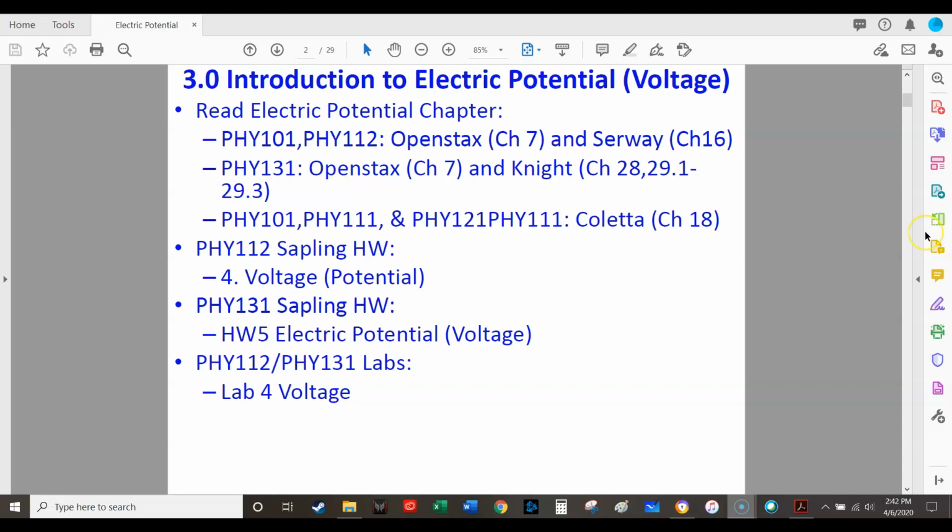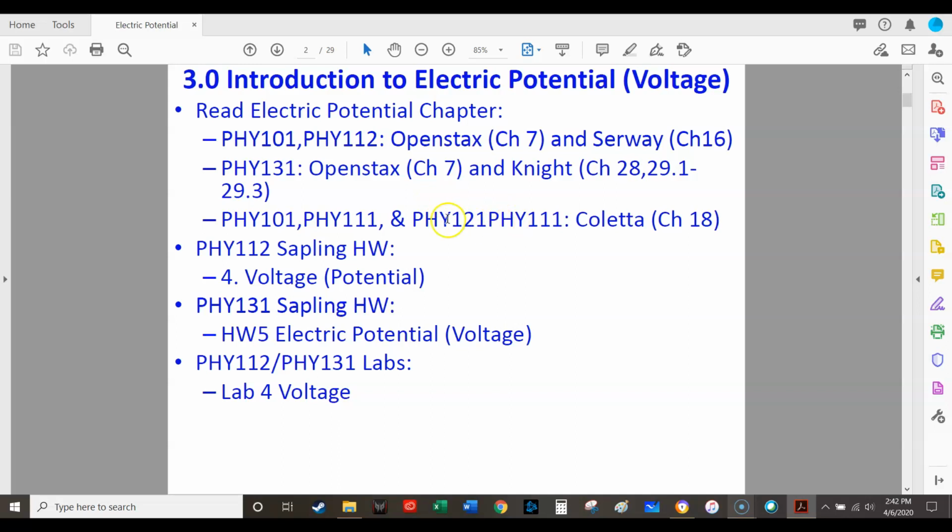Hello everyone, and we are going to go through electric potential, also known as voltage, and this is the very first activity, 3.0. So you have the book, and what I want you to do is start reading Coletta, chapter 18, on voltage.